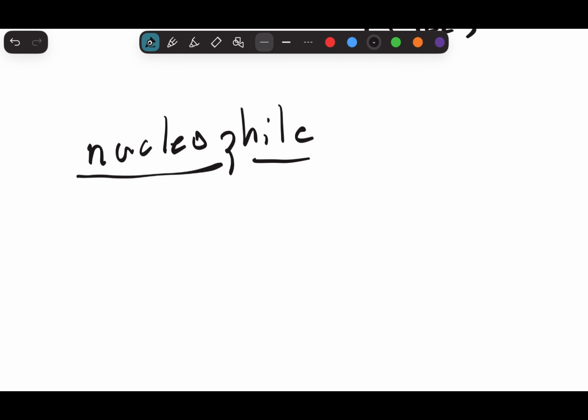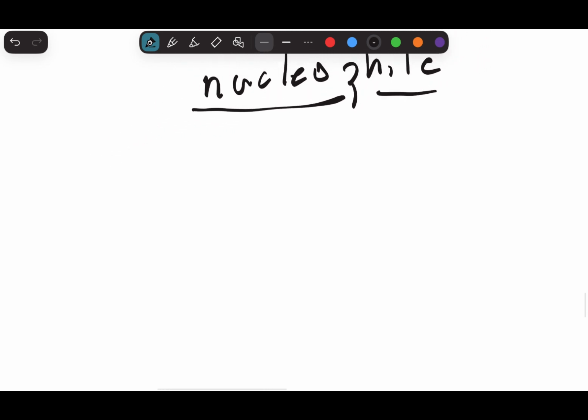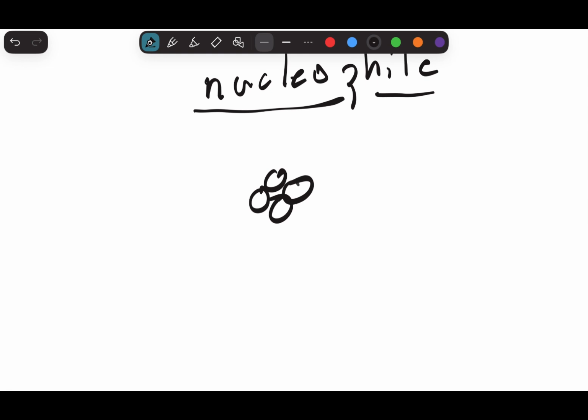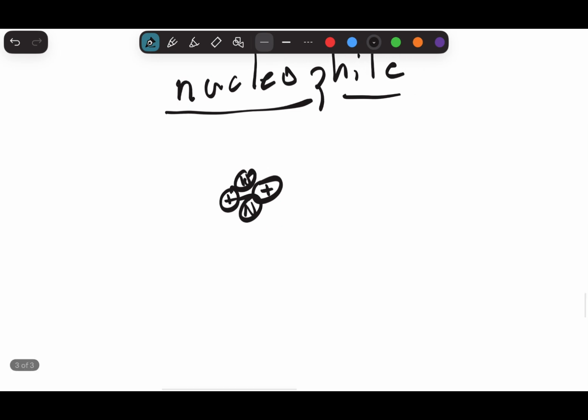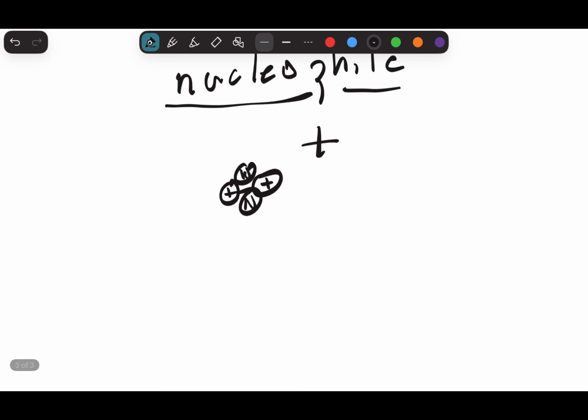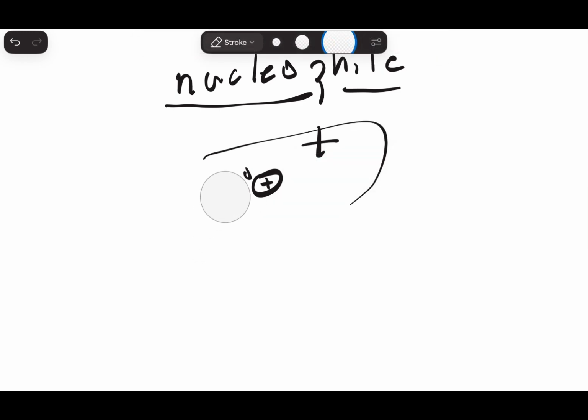Okay, so what is a nucleophile? A nucleophile is essentially, as I mentioned, something that really likes the nucleus. We know that the nucleus is composed of, let's say, a helium nucleus, right? It's composed of protons and neutrons. So overall, disregarding the electrons, the nucleus would have a positive charge. And we know positive attracts negative, so something that is highly negative in charge would want to react, thus making it a nucleophile.